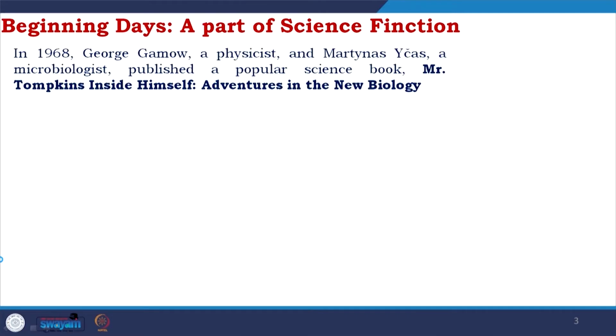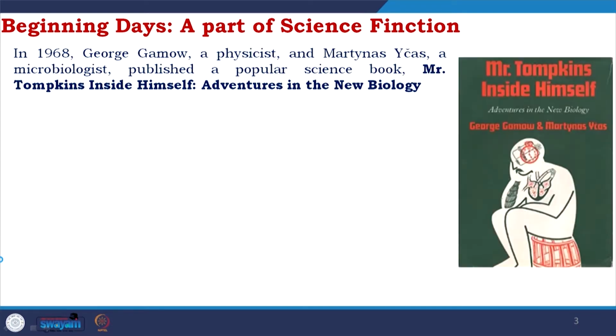We will start with the beginning days, and there is a talk of a science fiction which happened in 1968. George Gamow, a physicist, and Martinus Ycas, a microbiologist, published a popular science book called Mr. Tompkins Inside Himself, The Adventures in the New Biology.